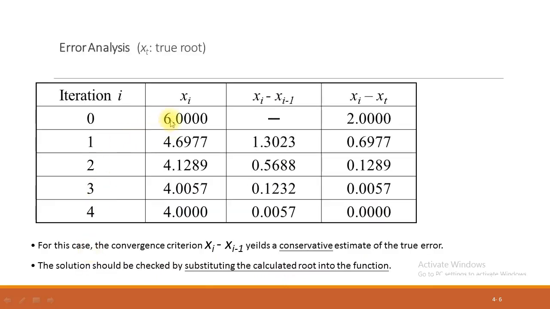So the x0 value is 6. This is the value of x1 for i is equal to 1, and this is the value of x2 for i is equal to 2. And you will put the value of x0, x1, x2, x3 and x4 into the given equation. You will find a root which satisfies the equation.